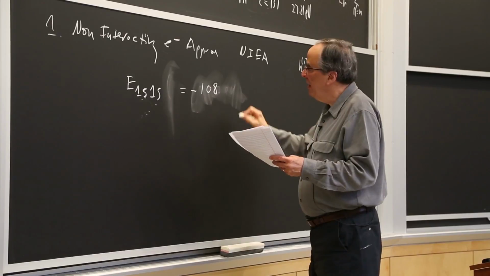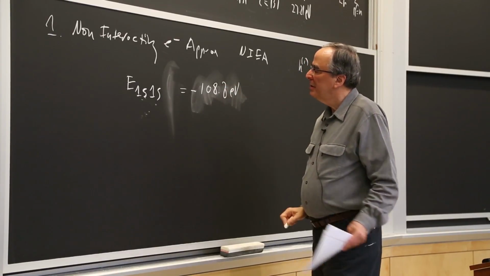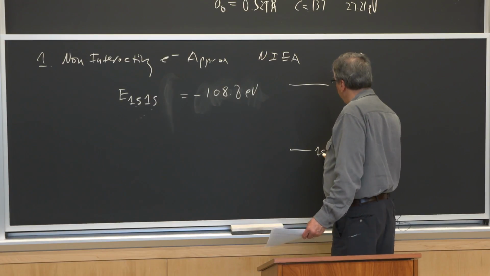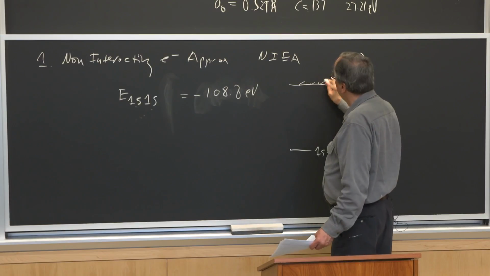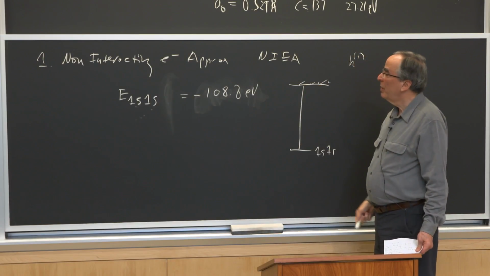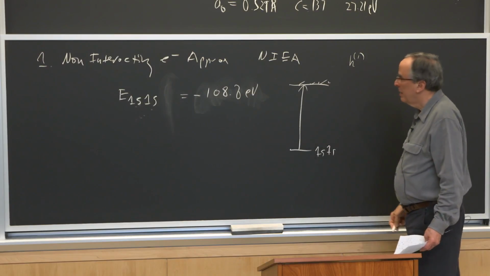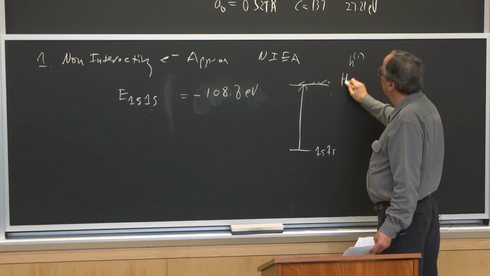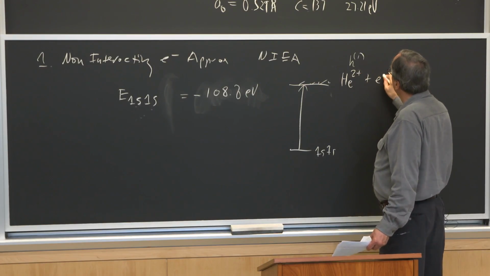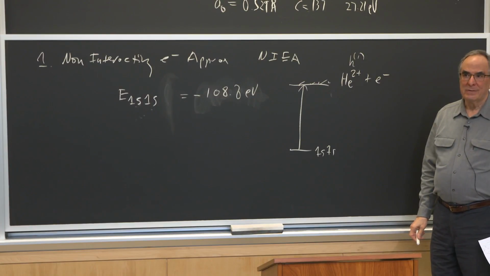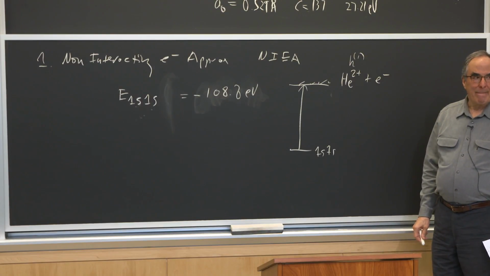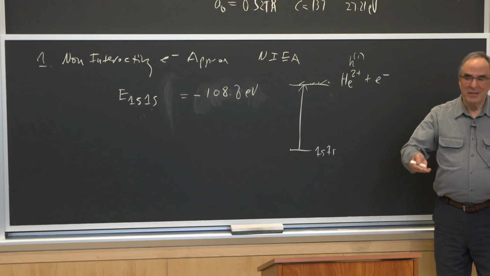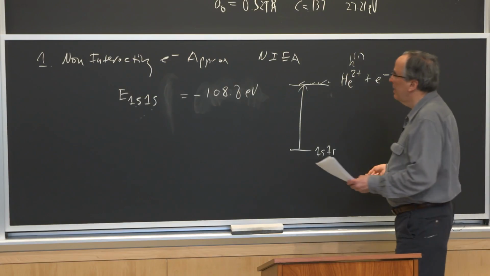So that is 108.8 electron volts. So this is the energy of the 1s state below the ionization limit. So that's what we predict, except this is not the ionization limit. This is helium 2 plus and 2 electrons. Because we use the energy to ionize both hydrogen atoms, and so this is 108.8.